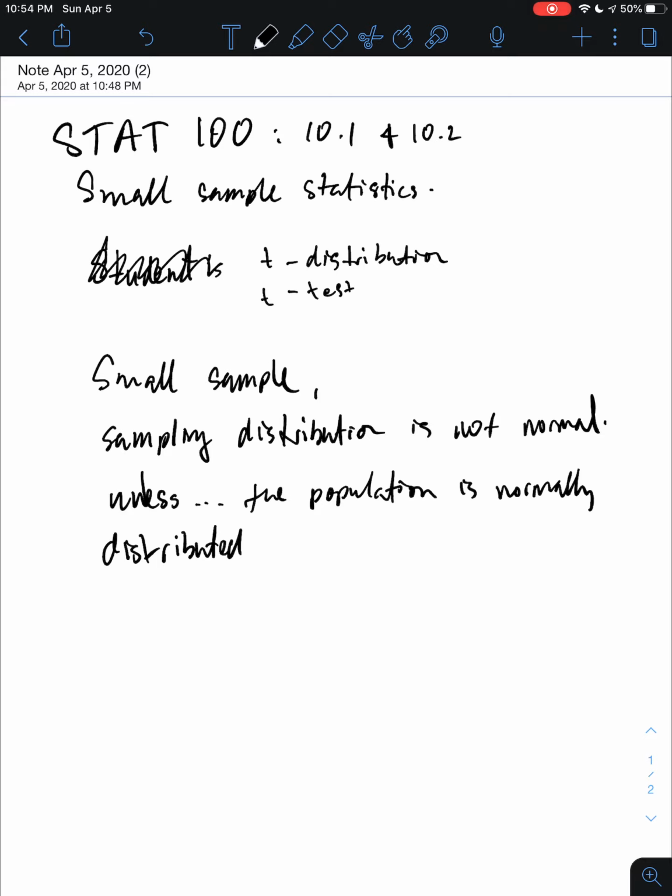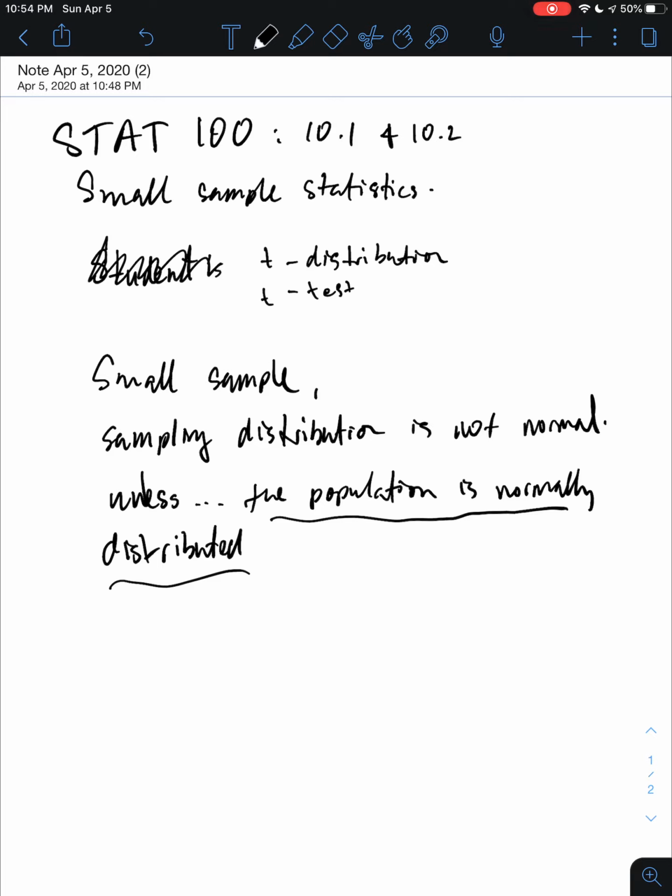And that gives us a way we can apply the central limit theorem to small samples. So we need to know whether the population is normally distributed or not. And that is, again, a difficult question, because if we knew a lot about the population, we wouldn't even be bothering with statistics in the first place. So we generally don't know that the population is normally distributed, but we can make a guess that it probably is in some cases.